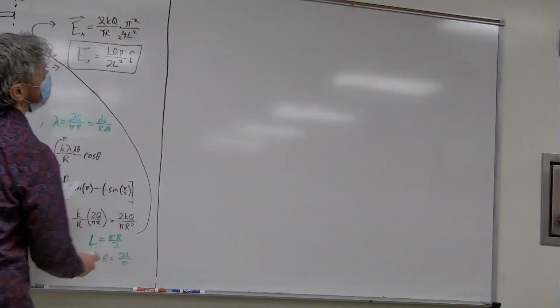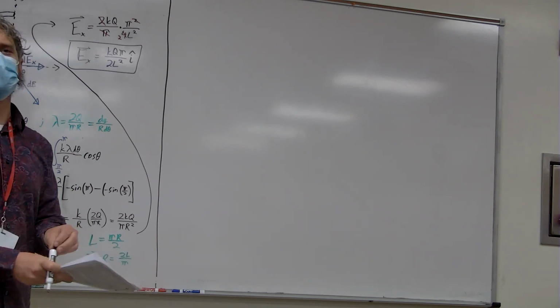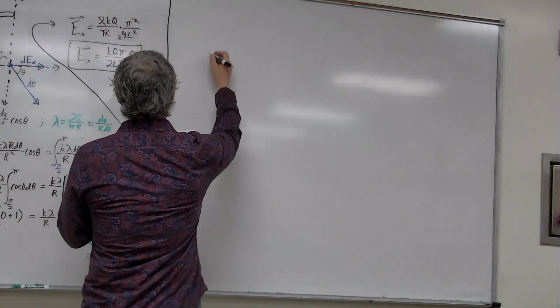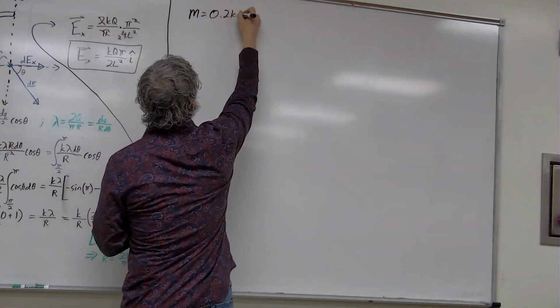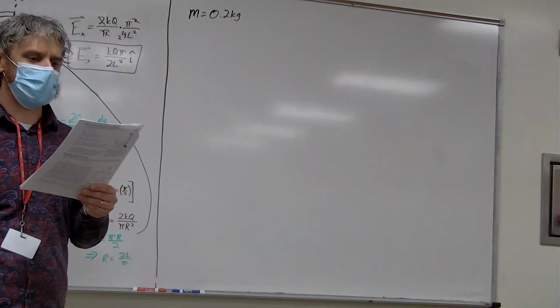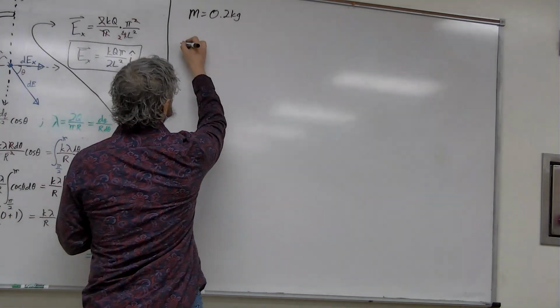And just to make sure we have enough time, I'm going to note everything as I come across it in the problem. When a 0.2 kilogram block, so my mass, 0.2 kilograms, is suspended from a vertically hanging spring, the block stretches the spring from its original length of 0.05 meters.